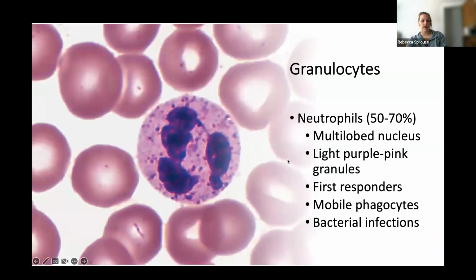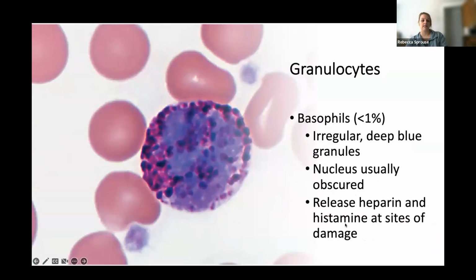The other thing that it releases is something called histamine. Histamine promotes inflammation, and inflammation is important because it can help stop the spread of infection, actually. So inflammation is actually a good thing. It's an important thing when we talk about hemostasis or blood control, infection fighting, things like that.